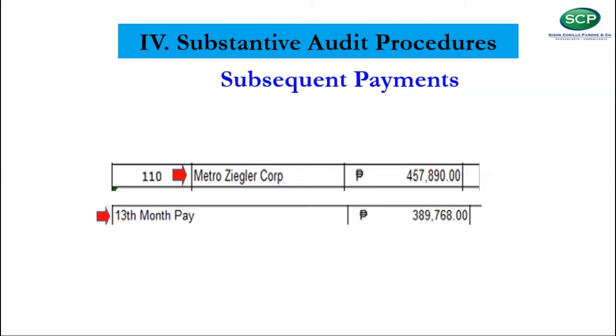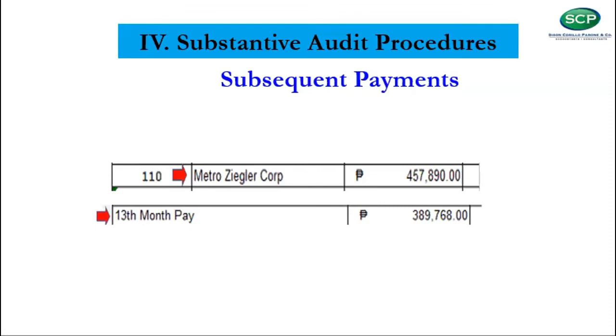So, depende yun sa kung ano man yung explanation ng client, we have to assess kung plausible ba yung sinasabi ng kliyente. Or if necessary, we need to perform procedures to substantiate yung explanation na binigay ng client. Just like, we will discuss this later, yung kung paano i-substantiate yung explanation ng kliyente.